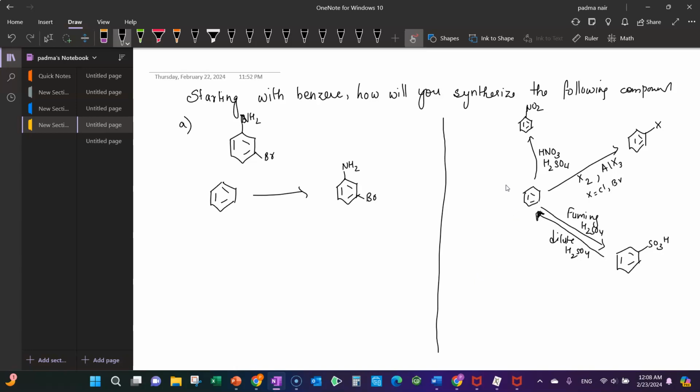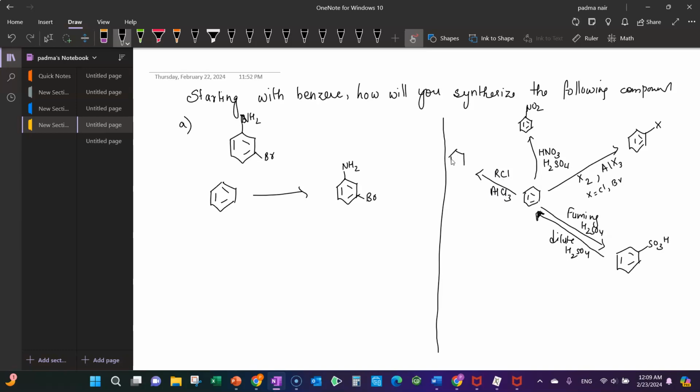Right? The next reaction we have studied is Friedel-Crafts alkylation. Let's write the reagents there. Friedel-Crafts alkylation is when you take an alkyl halide, RCl, and treat it again with the Lewis acid.